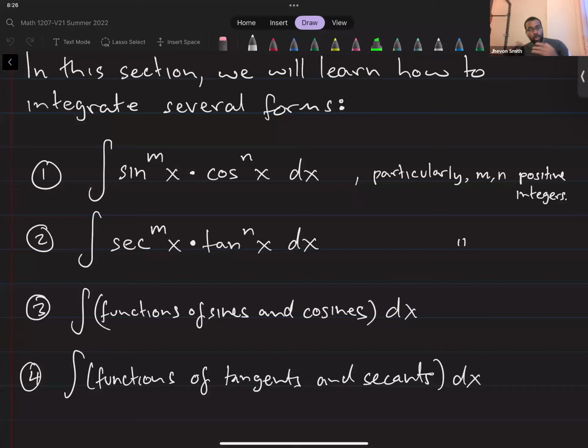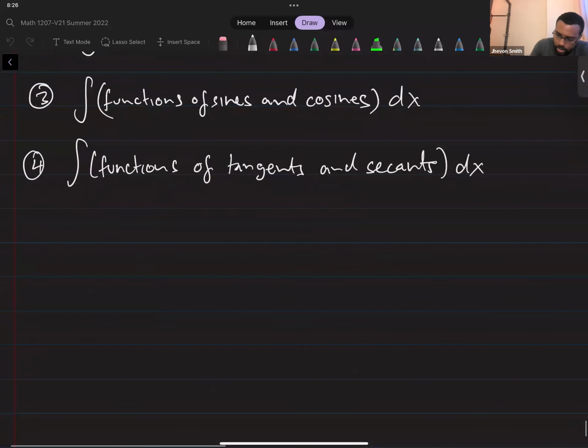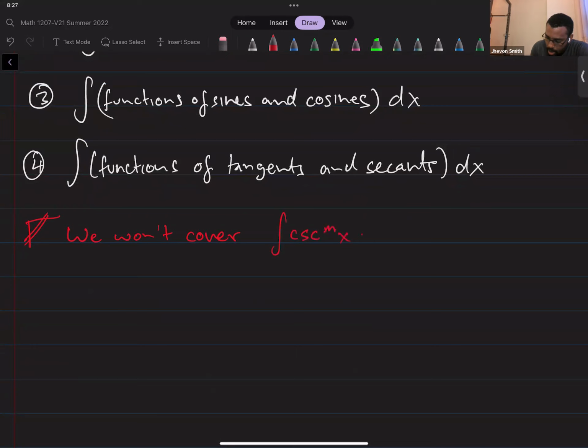Okay, and it turns out you're going to use a lot of trig identities. And I'm going to tell you which trig identities would apply in which situation. So let's actually start that. Let me actually make a note of that so you don't end up worrying about something that you don't have to worry about. We won't cover things like cosecant to the n, cotangent to the n, or integral of functions of this type.